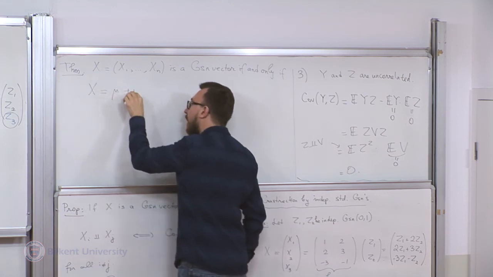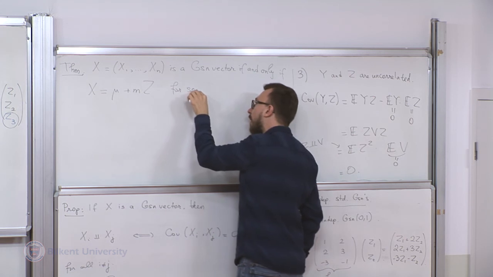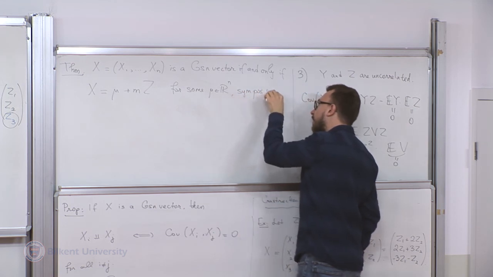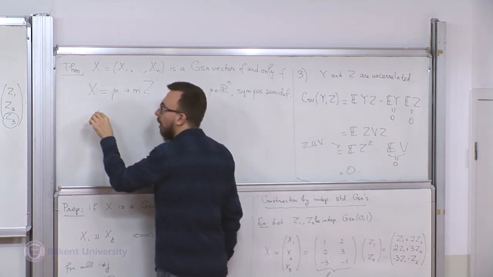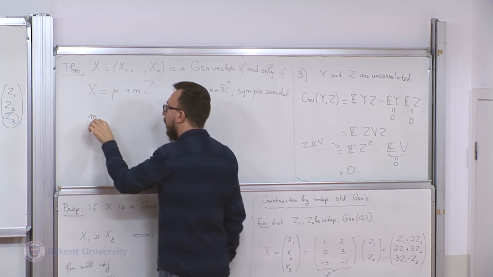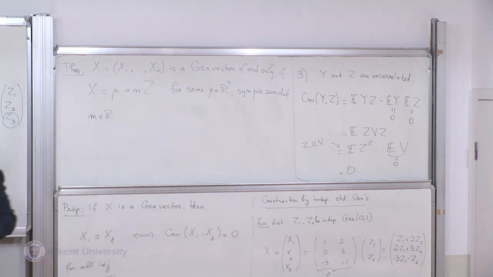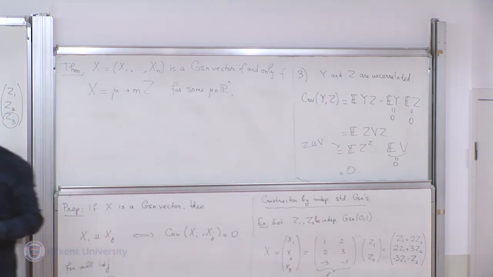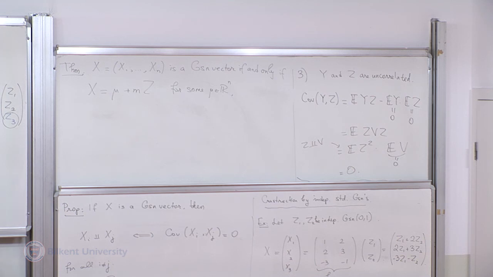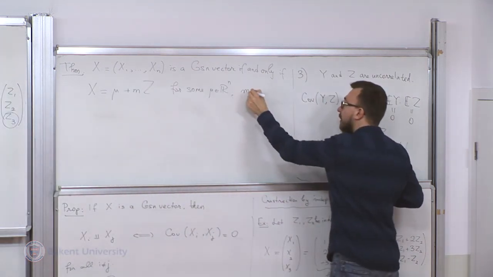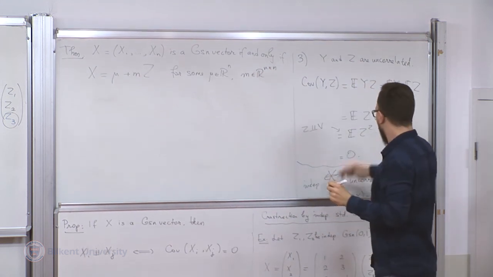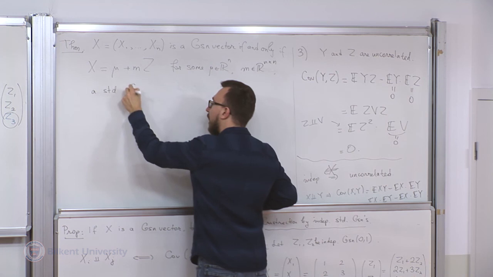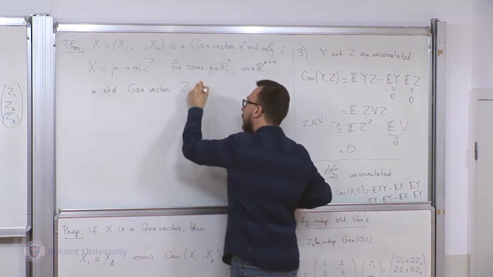X is equal to mu plus MZ for some mu in R^n, some n times n matrix M, and a standard Gaussian vector Z, the n-dimensional one.